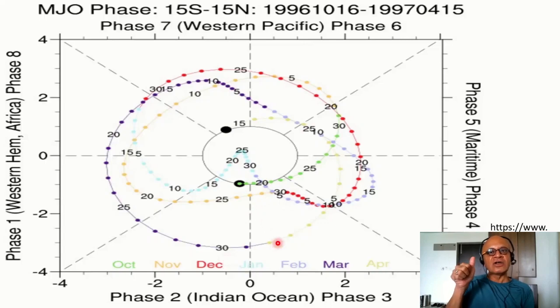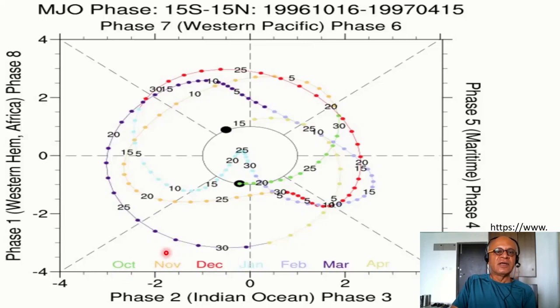It takes OLR, winds at 850 hectopascal, 250 hectopascal, does combined EOFs, finds the first two EOFs with PC1 and PC2, and then there are RMM1 and RMM2 indices created out of that to track the progression of the MJO. And this is typically a counterclockwise movement going in different phases.